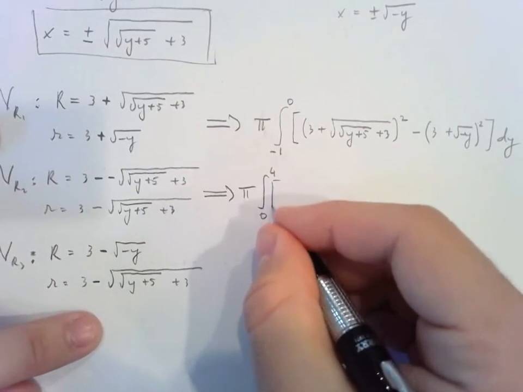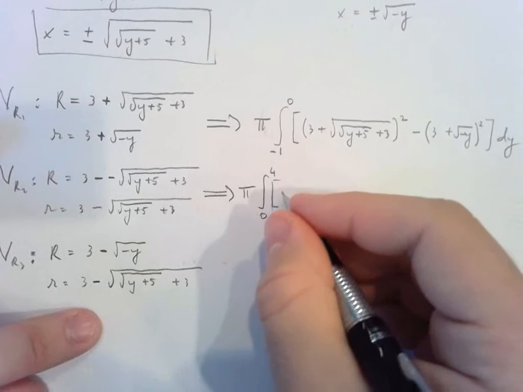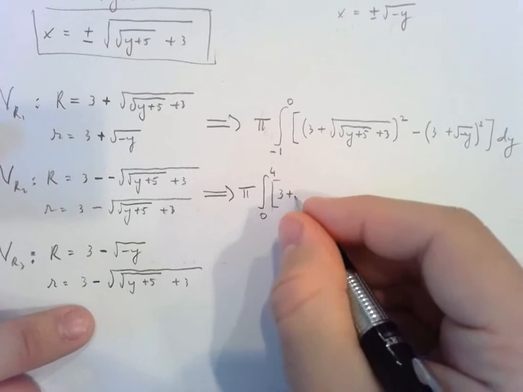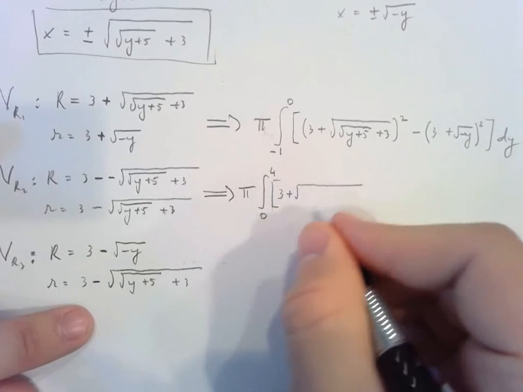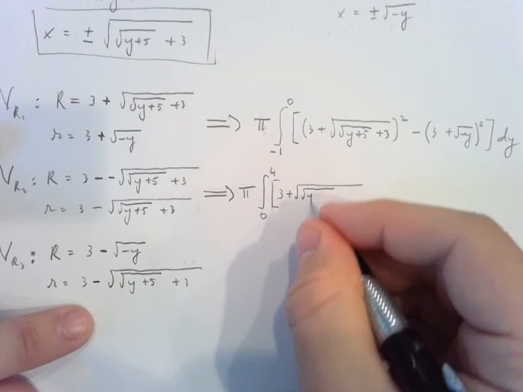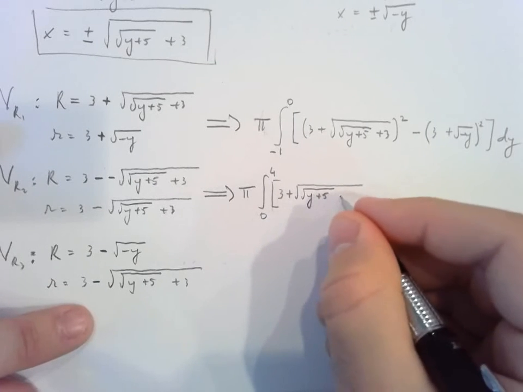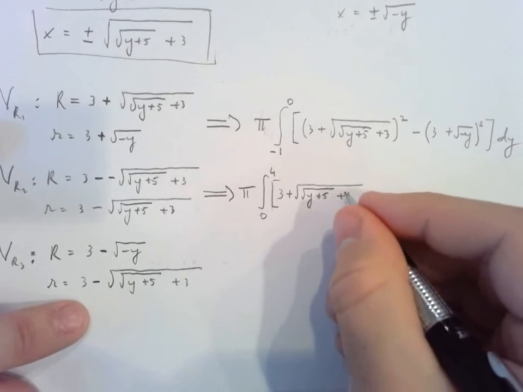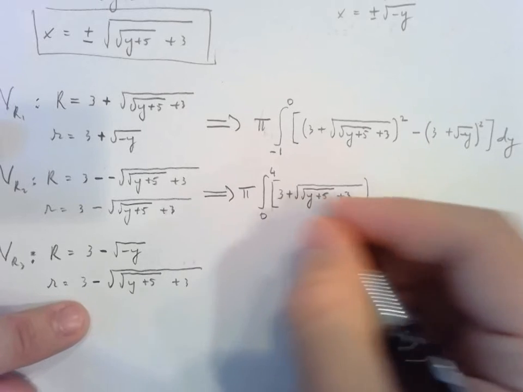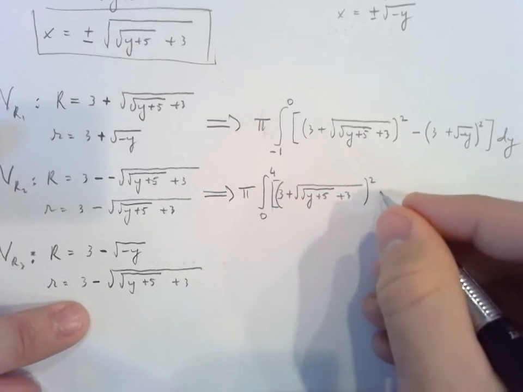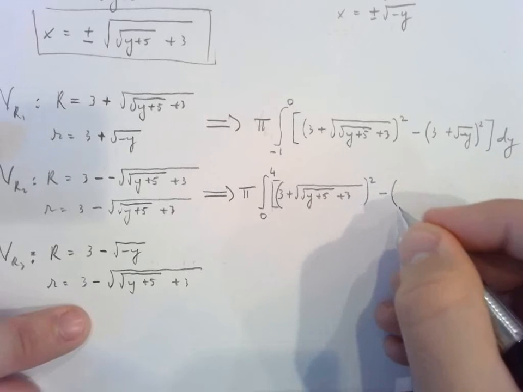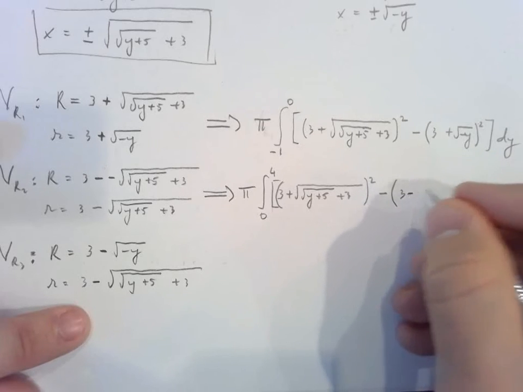And I have big radius squared, so 3 plus the root, minus little radius squared, so it's 3 minus the root.